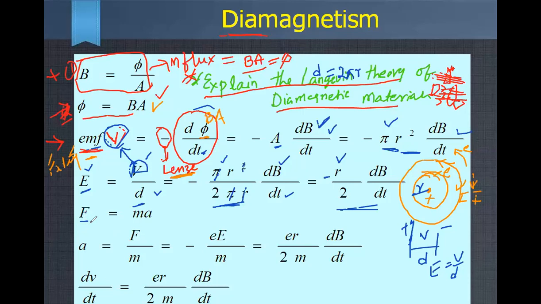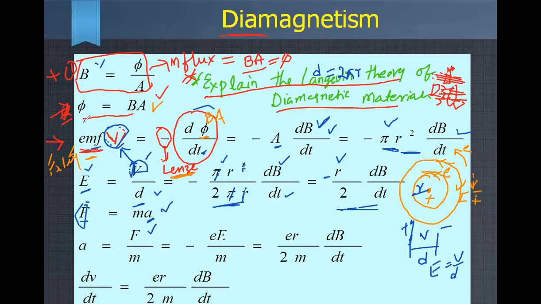Then now we have to go for the force. What is the force? Here we have Newton's second law. We know that F is equal to ma, right? So from here, if I want to write acceleration, a is equal to F by m. So we are going step by step. First, you need the magnetic field, which is flux by area.